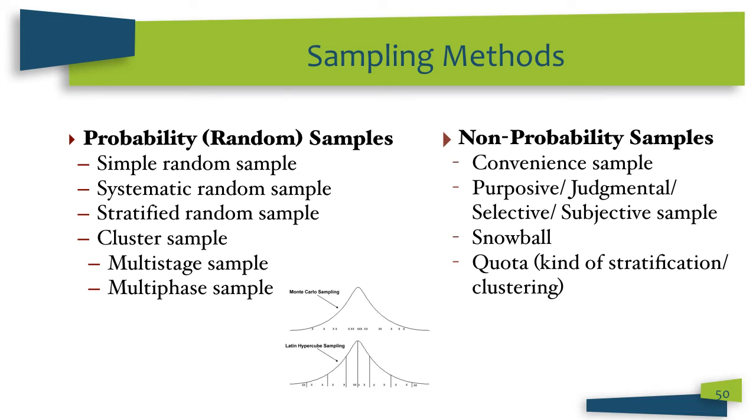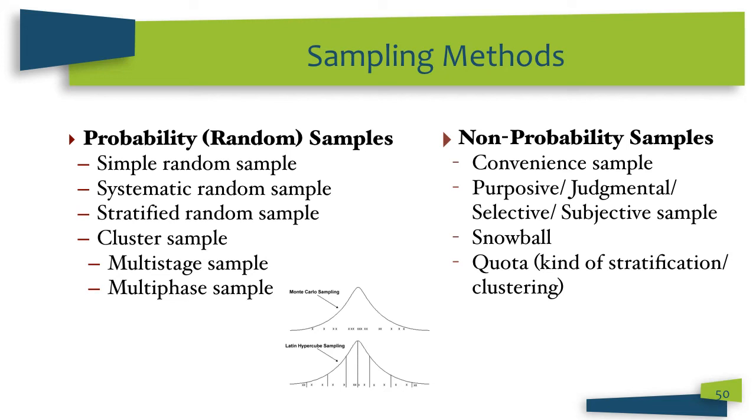What is the difference? There are two types of cluster sampling. One is multi-stage and one is multi-phase. In multi-stage, the sample units are of different types at different stages. So the first cluster that you take is of a different type, and the second that you take is of a different type.